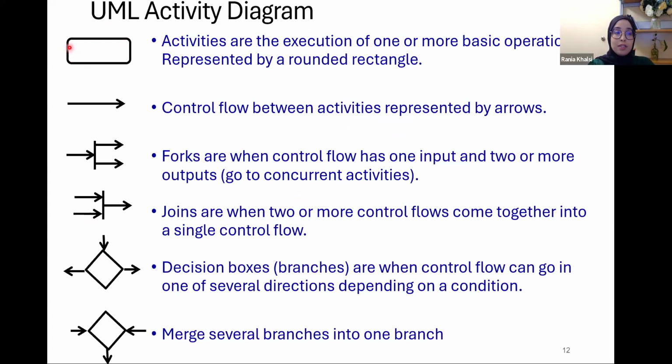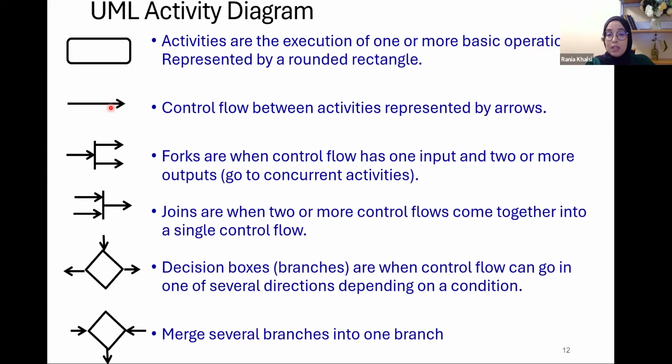So in the state machine we have a state represented by this rounded rectangle, I would say. We have the same for activities, they are also presented in the same way, okay? And next we have the control flow, and this is mainly the reason for using the activity diagram.